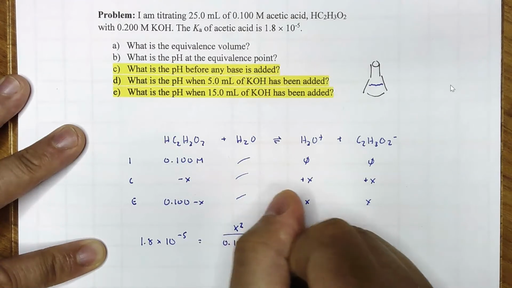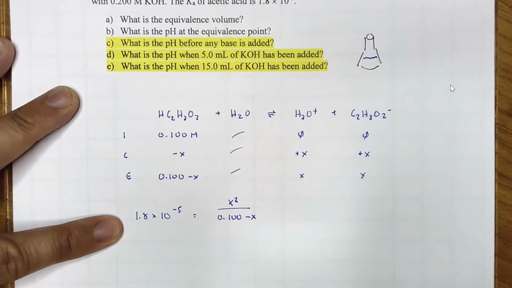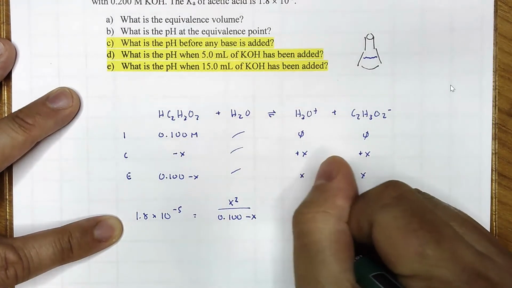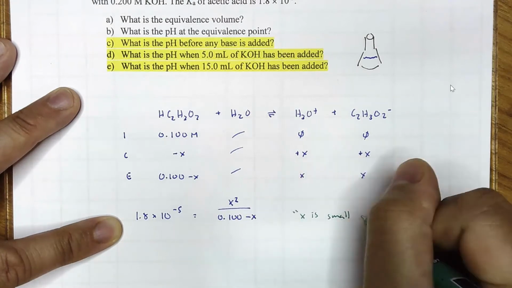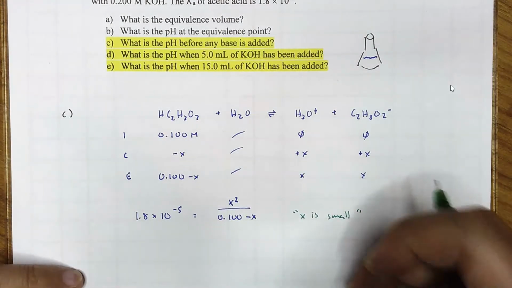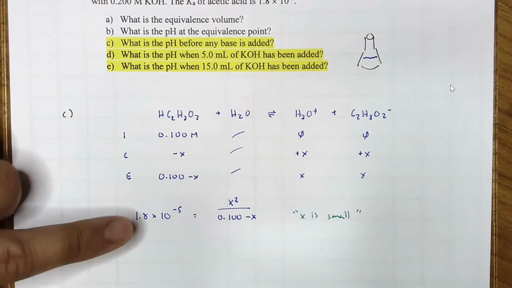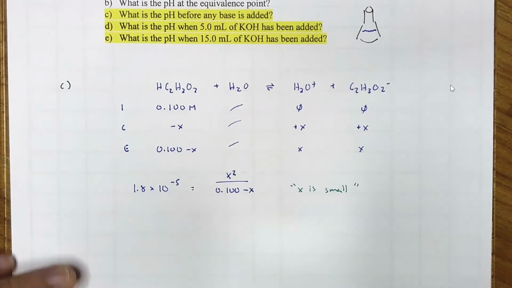Because the Ka value is so small, the rule of thumb is 10 to the minus 4 or less, then go ahead and try the x is small approximation. You really should check whether this is true by replugging x and making sure that it's less than 5% of this concentration, 0.100.